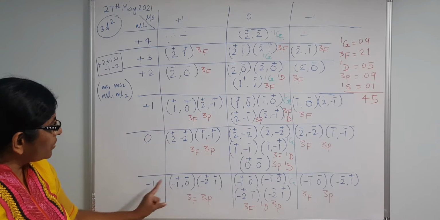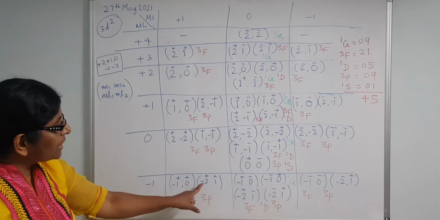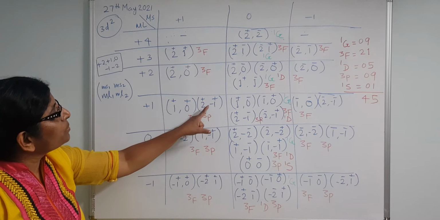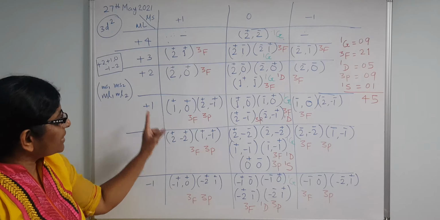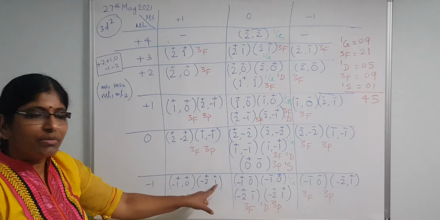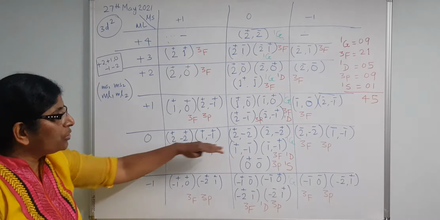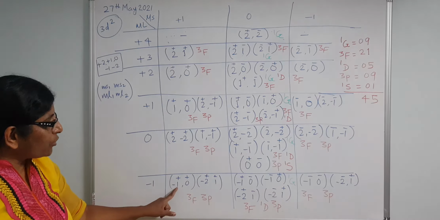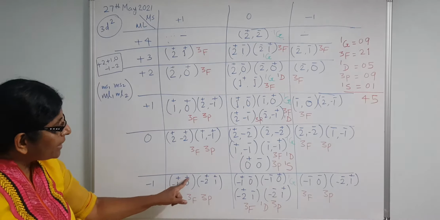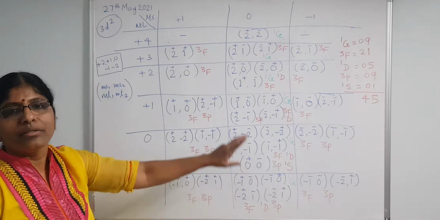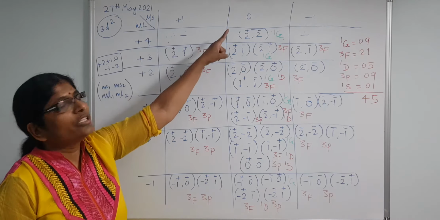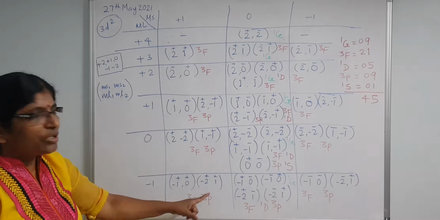Minus 1 plus 0, it will come minus 1. Similarly, I have changed 2 minus 1 will come plus 1. Similarly, minus 2 plus 1 will come minus 1. This way, while going down below 0, you have to just change the sign of ml value. The spin values will remain as they are, because those are spin numbers. Only ml numbers we are changing.